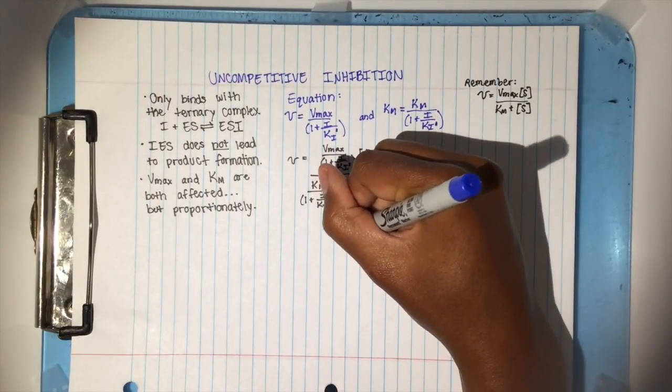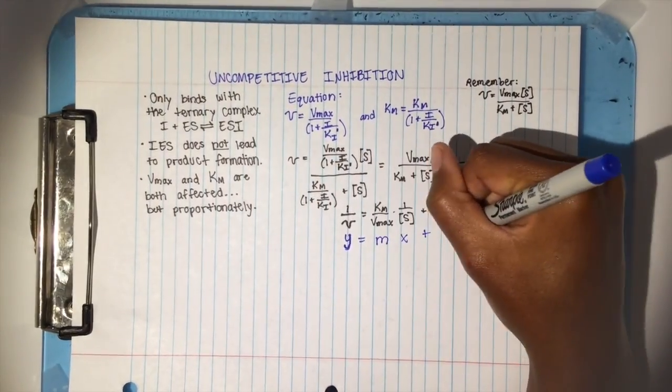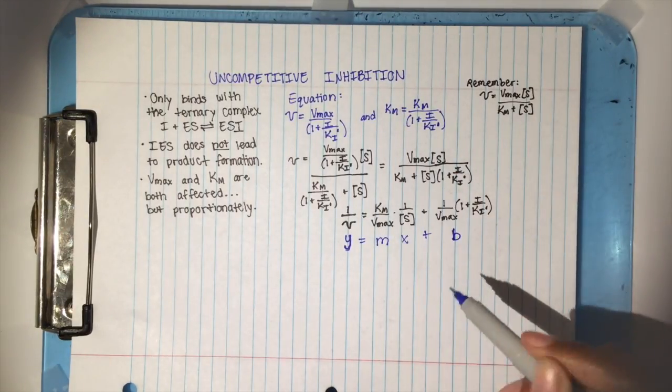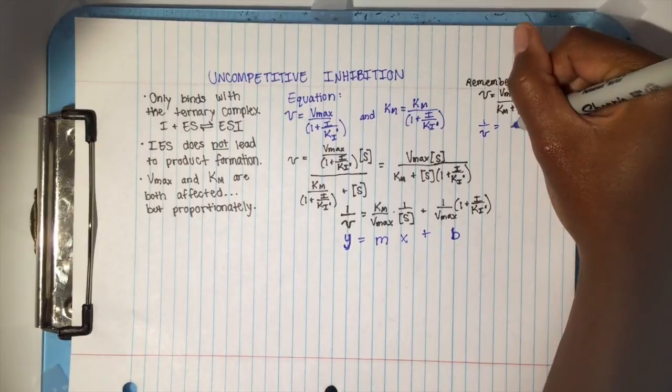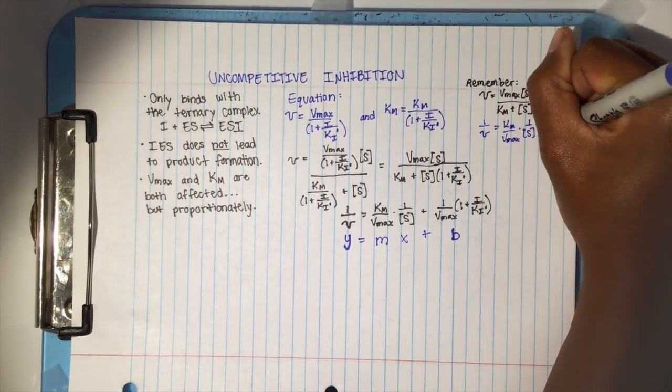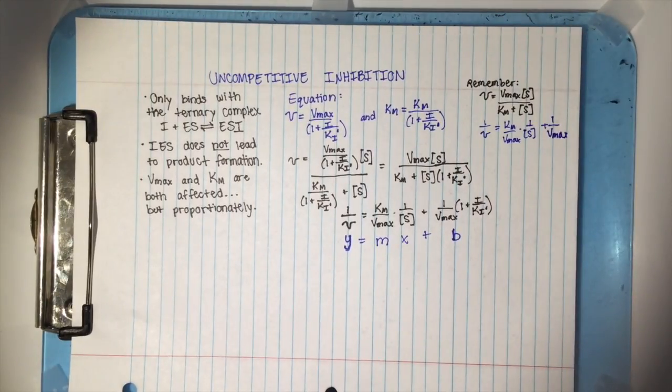Don't forget, this still follows our same y equals mx plus b linear equation. And we see that the slope is the same as our Michaelis-Menten without an inhibitor.